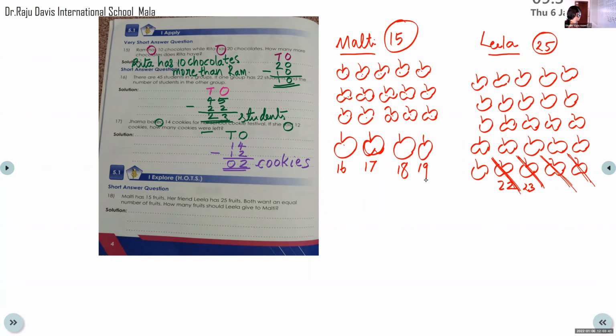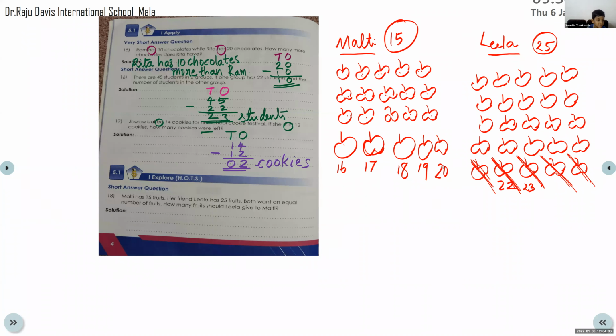Is it equal? No. So she should give some more. Leela is giving one more fruit to Malati. Now Malati becomes 20, 19 plus 1. Malati got 20 fruits now. What about Leela?